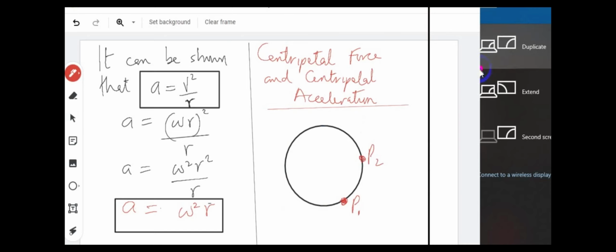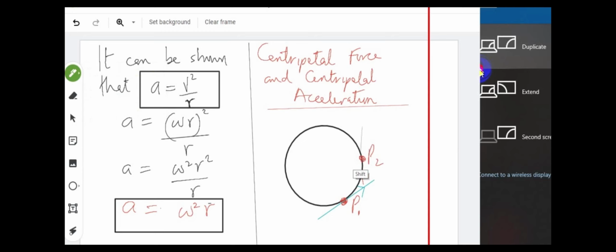And the reason is this: if this object is moving anti-clockwise as shown, at every point we can draw a tangent to show the speed at that point. That's the speed at P1.